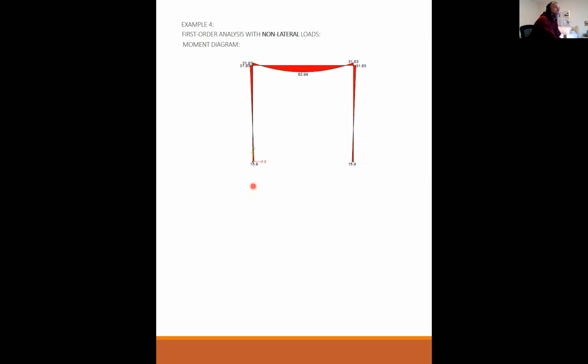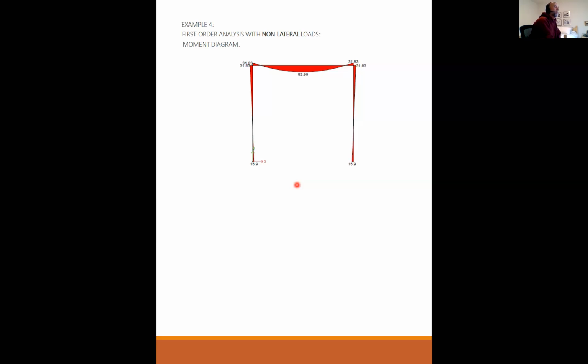But they all basically do the same thing where you build a stick frame, you give the stick frame some section properties and some restraints, put some loads on it, run it, and it will analyze the frame for you so that you don't have to do a moment distribution or a moment area or stiffness matrix analysis by hand. So much more convenient than trying to analyze these things by hand.